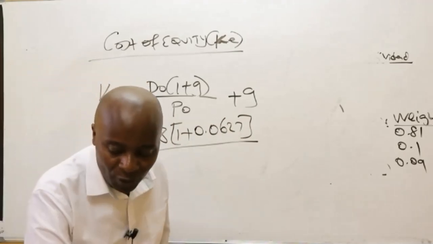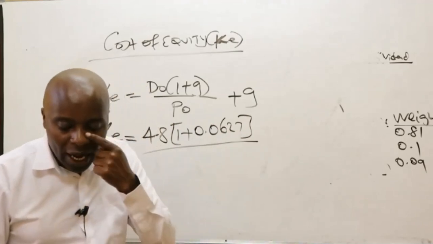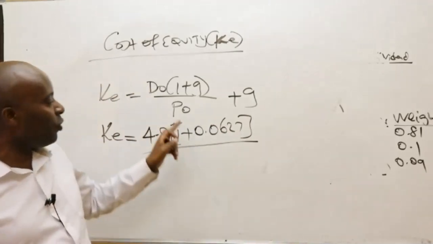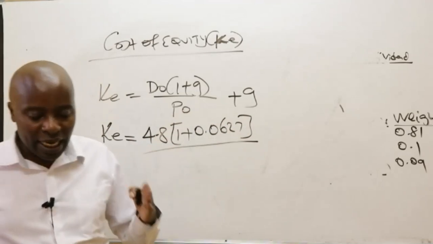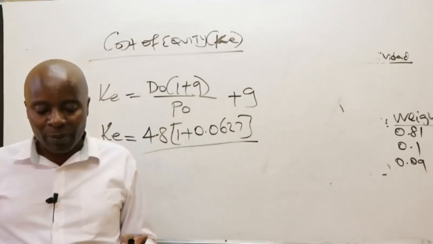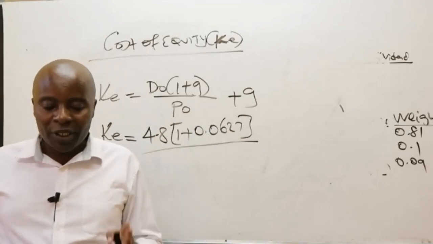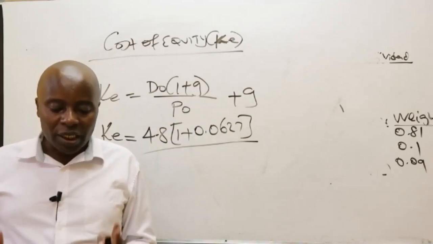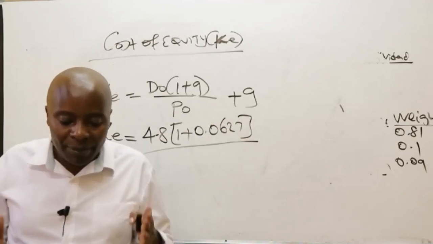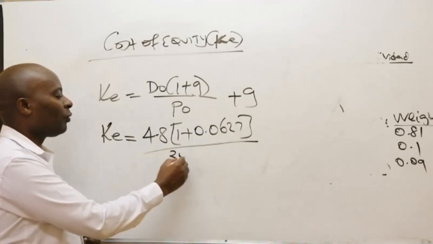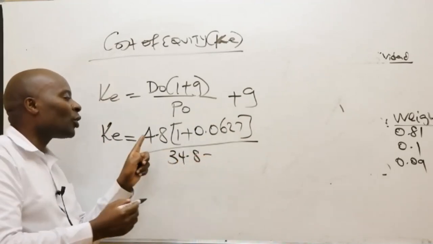I can see from note number one, they have given us the current market price per share of the firm's ordinary shares as shillings 34.8 cum div.